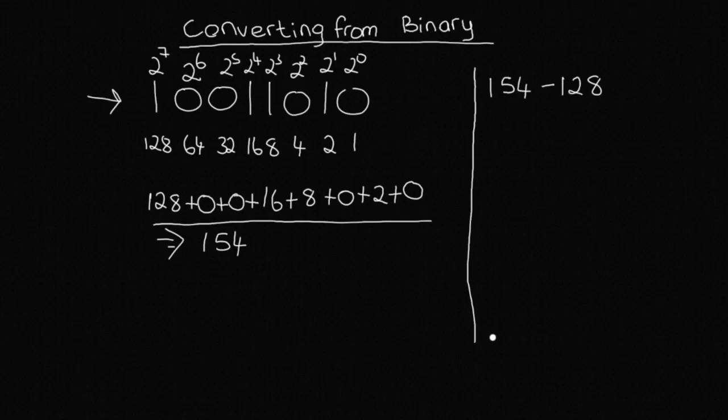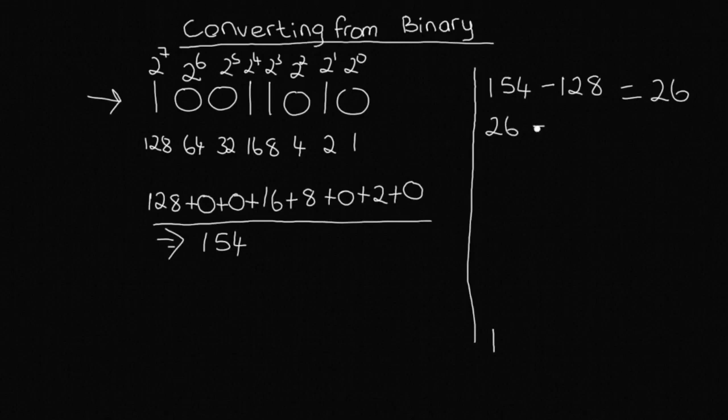We can start off with our first one here, which would be 1, because we can take off 128. Then after we take 128 from 154, we are left with 26. So we can put 26 down here.